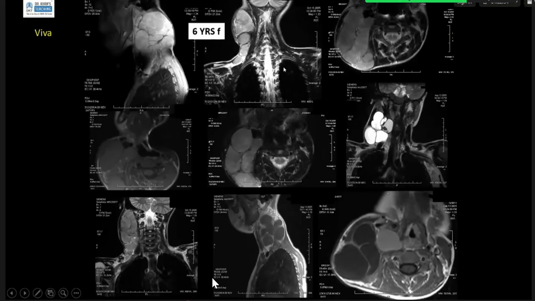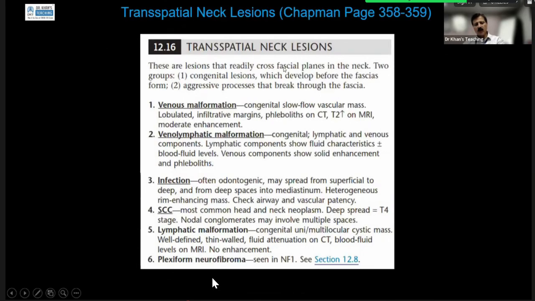Lymphangioma. Okay, good. So the point is that this is a differential diagnosis, which is transspatial neck lesions. These are lesions that readily cross facial planes in the neck, two groups: congenital lesions and aggressive processes which break through fascia.